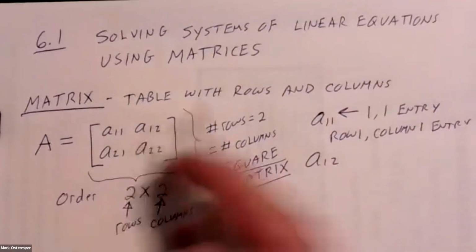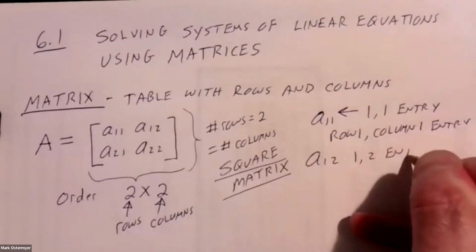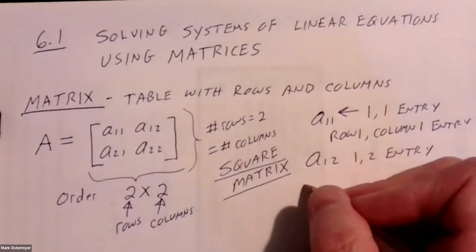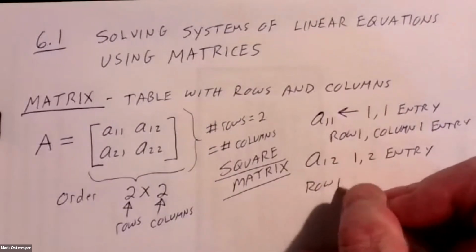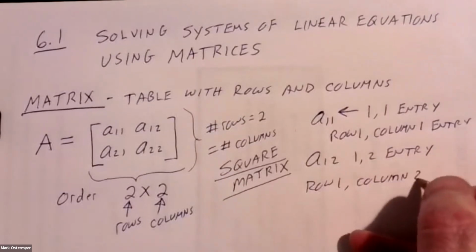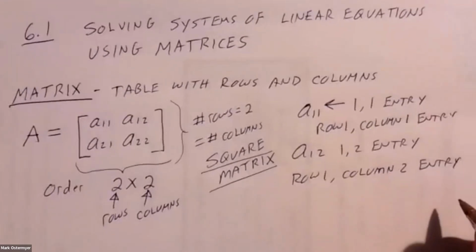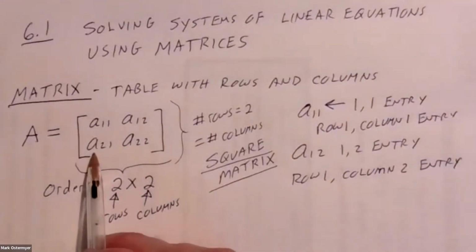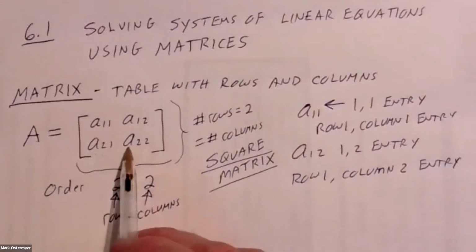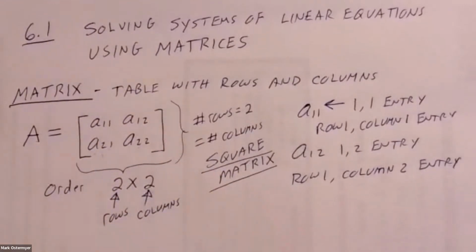This entry here is the 1, 2 entry of the matrix, or the row 1, column 2 entry of our matrix. This is the 2, 1 entry, the row 2, column 1 entry. This is the 2, 2 entry, the row 2, column 2 entry. All right, so those are the entries of the matrix there.